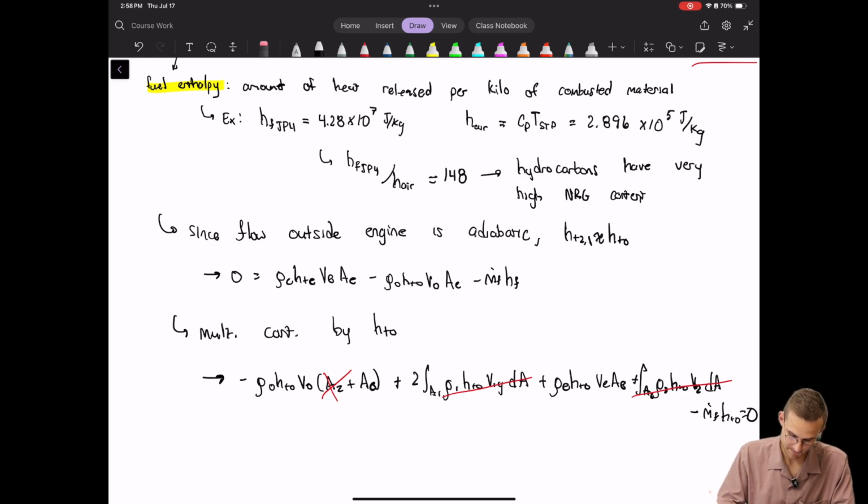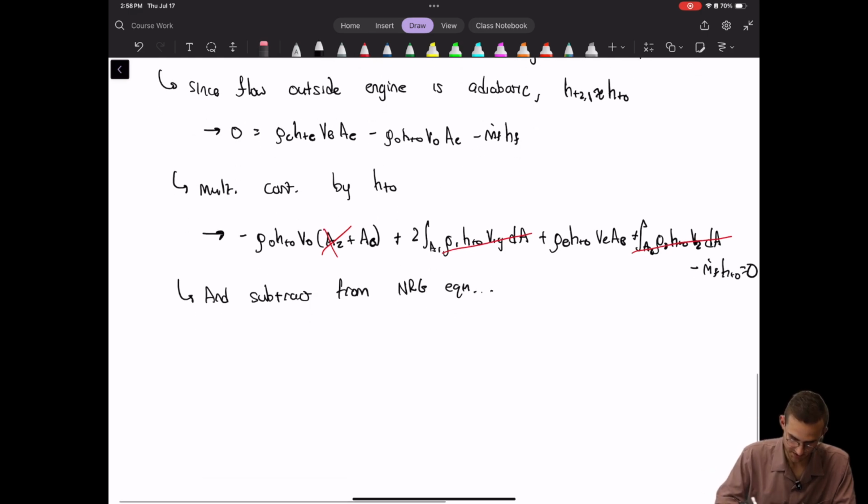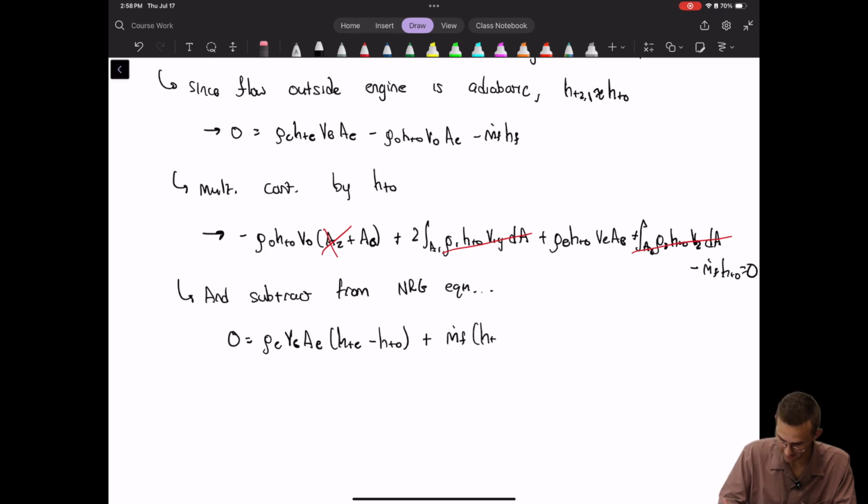What results is the following: 0 equals rho E VE AE times HTE minus HT naught, plus m dot F times HT naught minus HF.